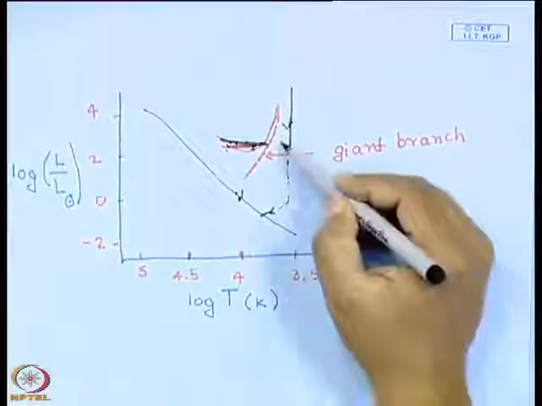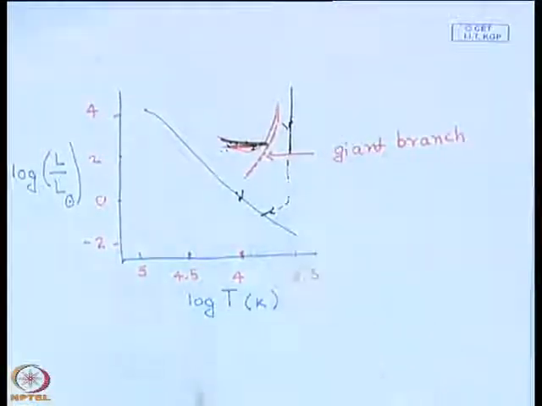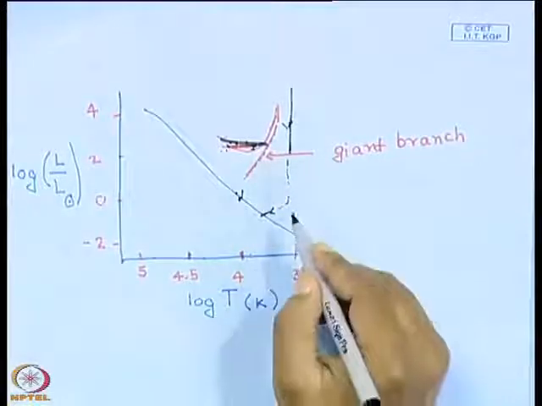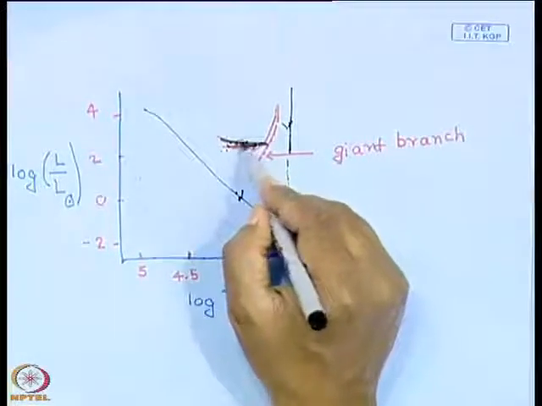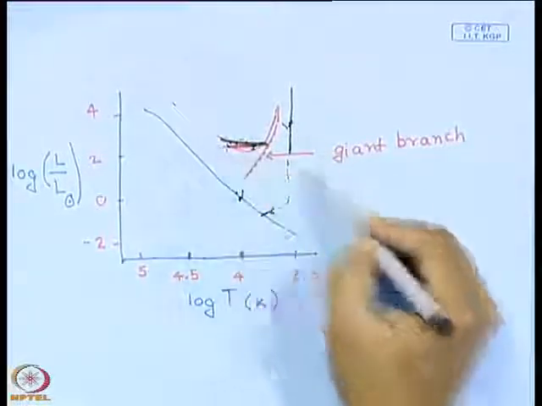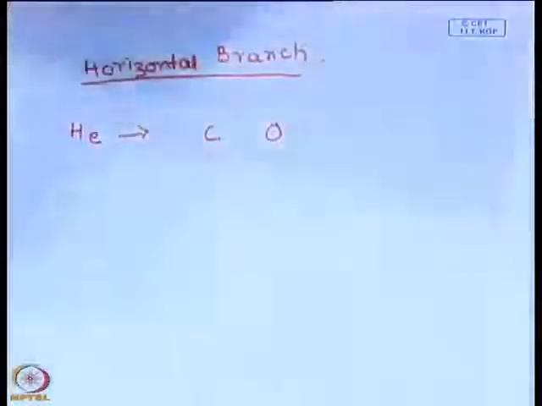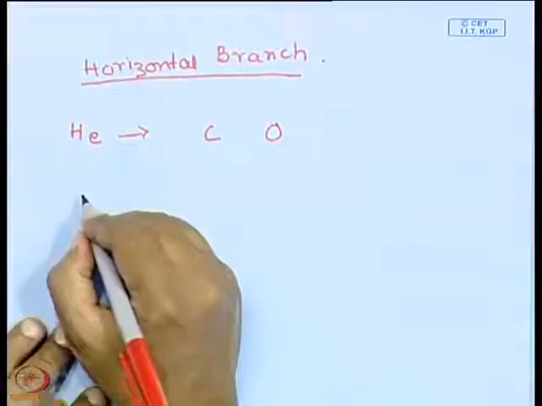This is because in this giant phase the stars lose mass as stellar winds. Mass is ejected, and there will be a spread in values. So if you look at a whole collection of stars, there will be a big horizontal branch. It's an equilibrium state, just like the main sequence.